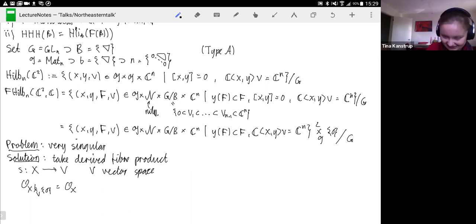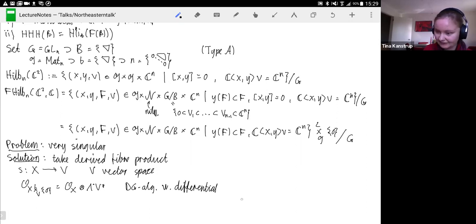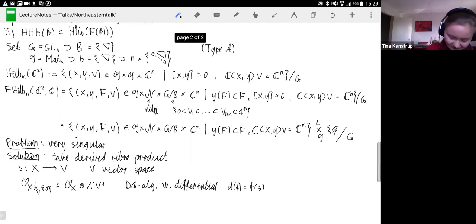So if I have a derived tensor product, what should I do? I should take a resolution. So this is now a DG algebra with differential given by df equals f of s, and then extended by the Leibniz rule.